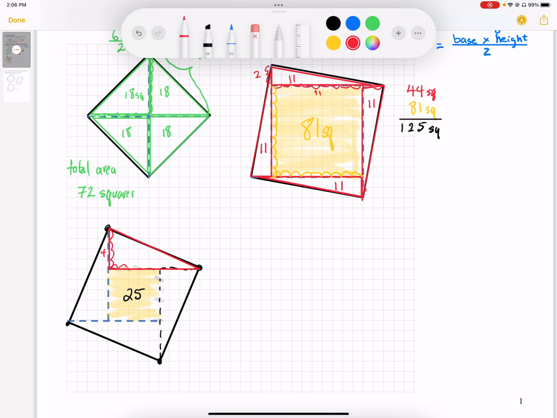And then 1, 2, 3, 4, 5, 6, 7, 8, 9. Again, make sure you go all the way to the corner. So then the area is going to be 4 times 9, which is 36, divided by 2 is going to give me 18 squares. Okay, so 18 squares.